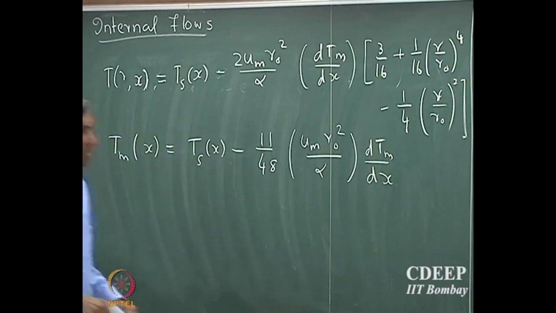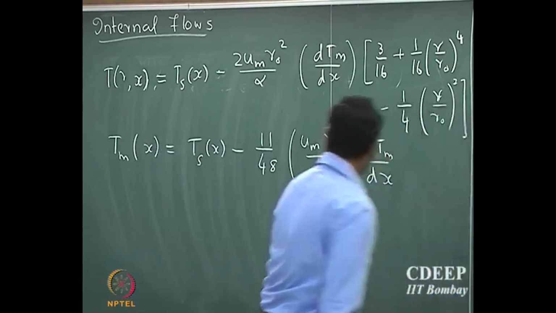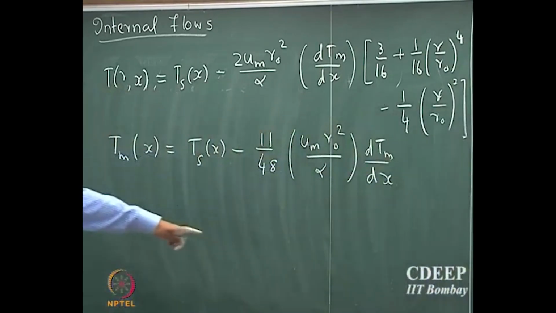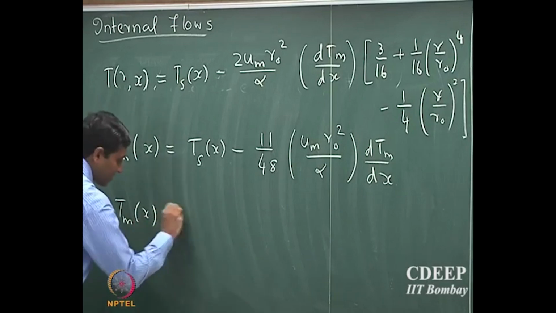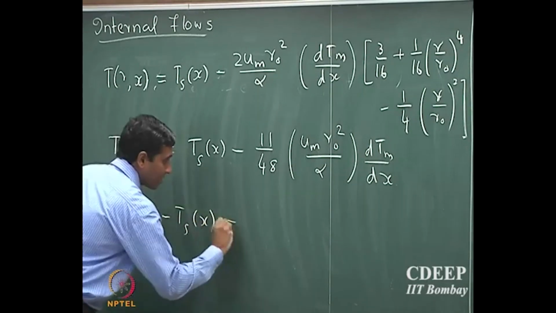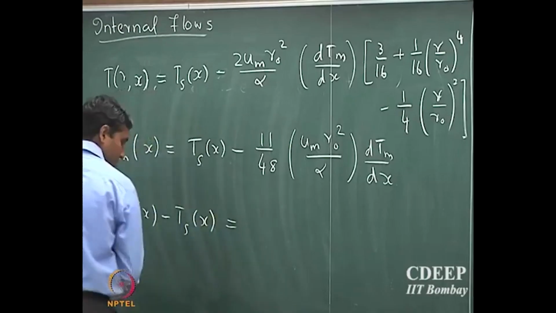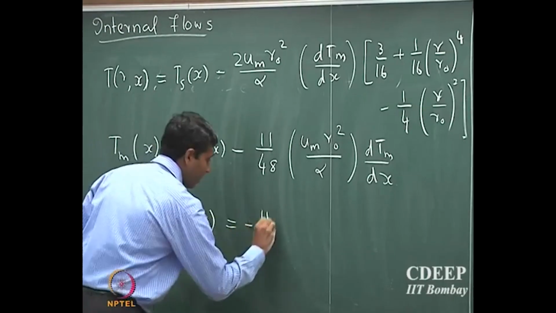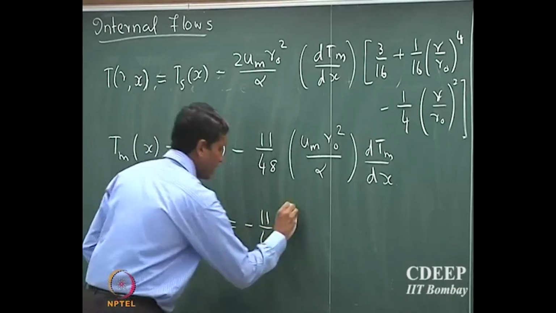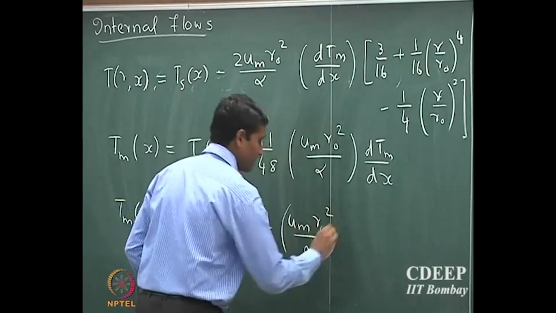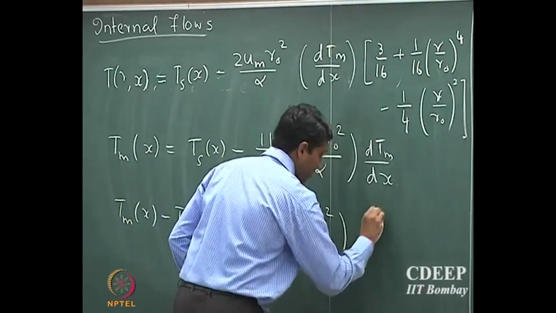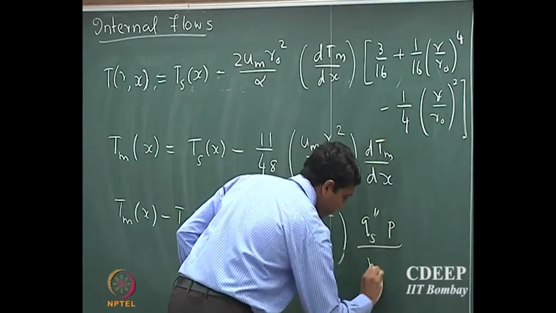Now we know that dTm by dx is Qs double prime P by m dot Cp. So I substitute that here. So Tm(x) minus Ts is equal to minus 11 by 48 into um r naught square by alpha into Qs double prime P by m dot Cp.